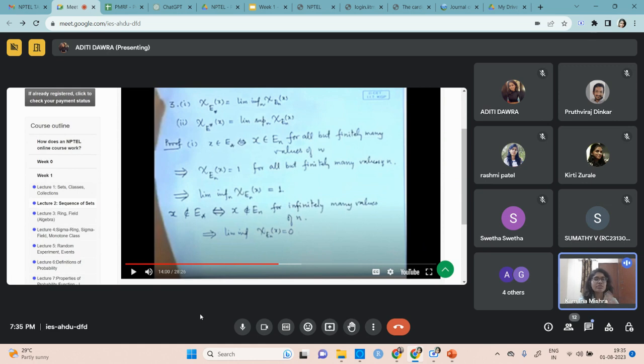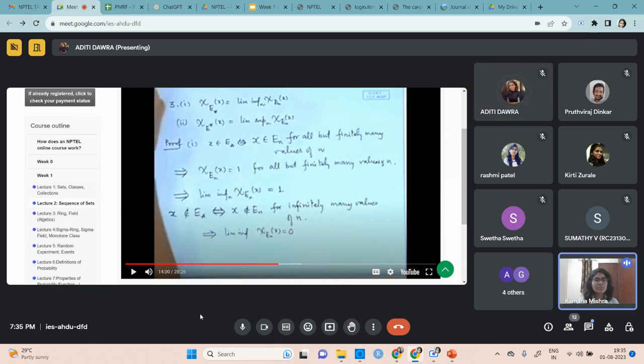And when X does not belong to E star, what will happen is that X does not belong to En. And when the value does not belong to En, what will be its indicator function? It will be 0.